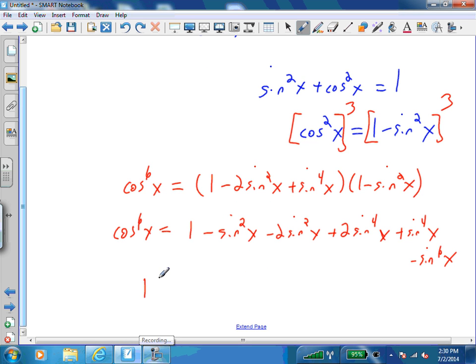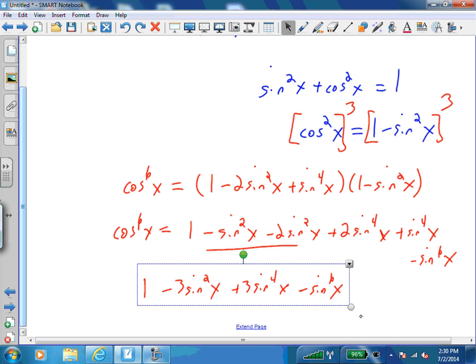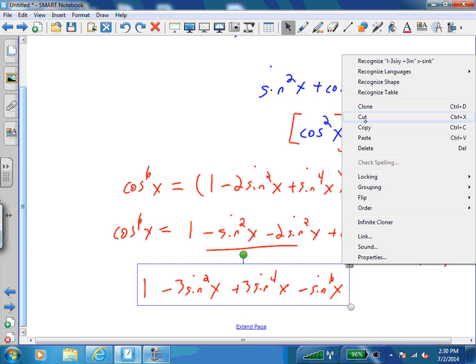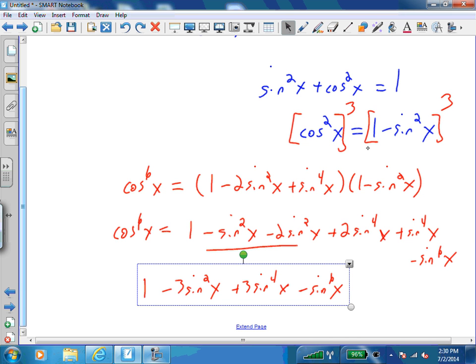So that gives us 1 minus 3 sine squareds, plus 3 sine to the 4th, minus sine to the 6th. Okay, there.